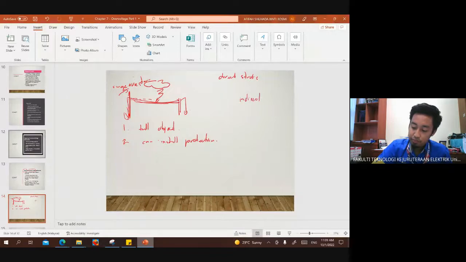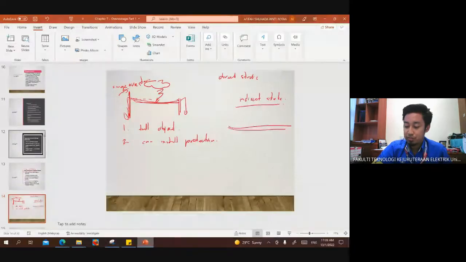And secondly, we have the indirect stroke. So how does it happen? For example, this is our line and these are the poles. Normally the lightning stroke is not directly to our line, but happens at another place, but the voltage of the lightning will induce onto the line.